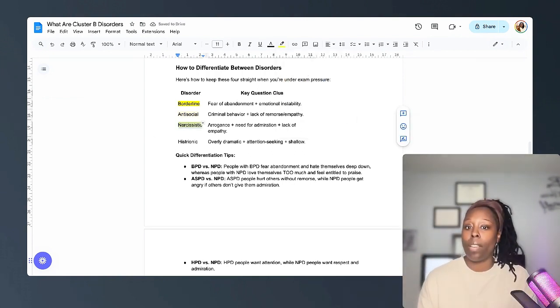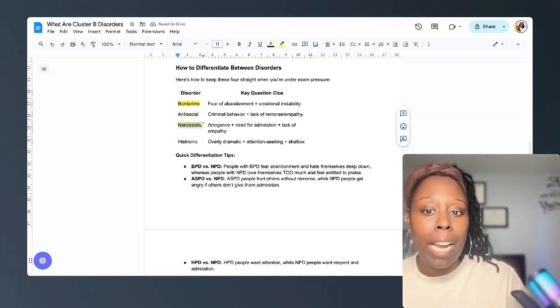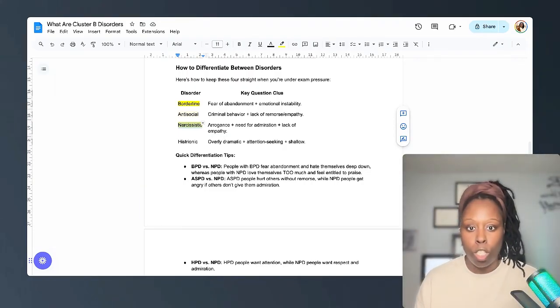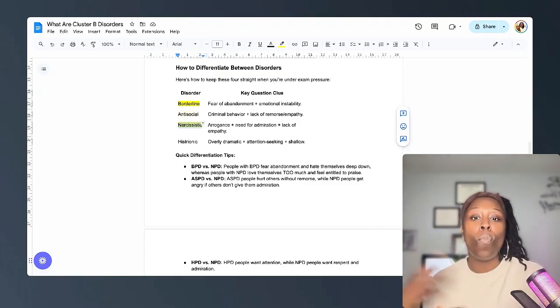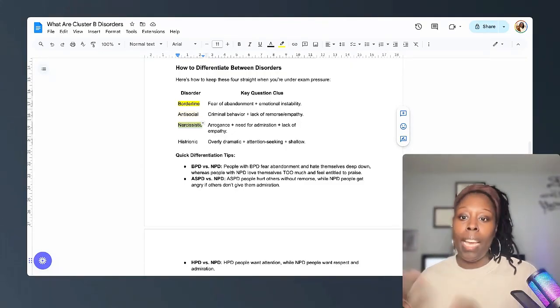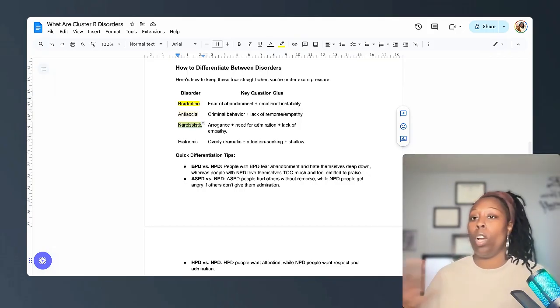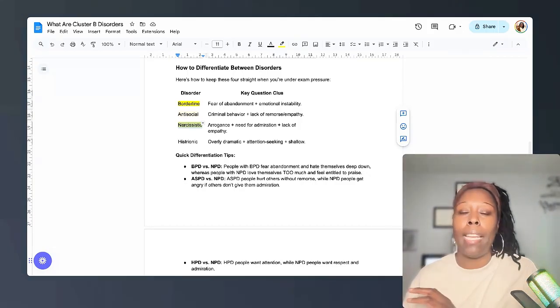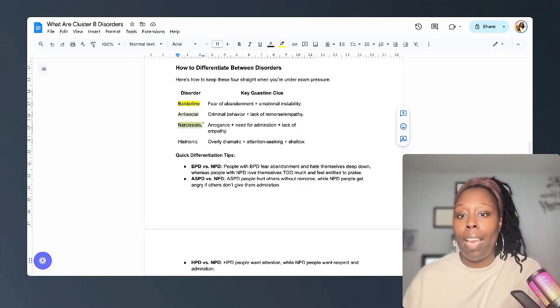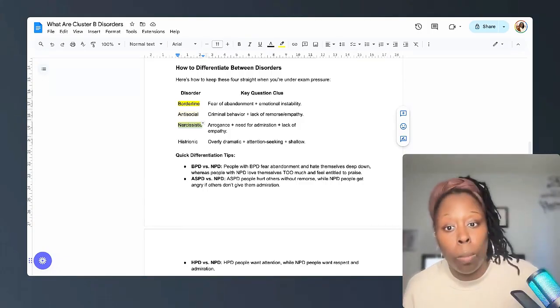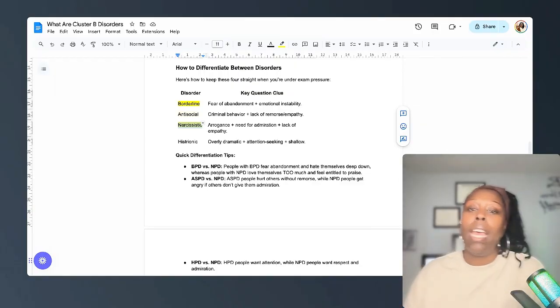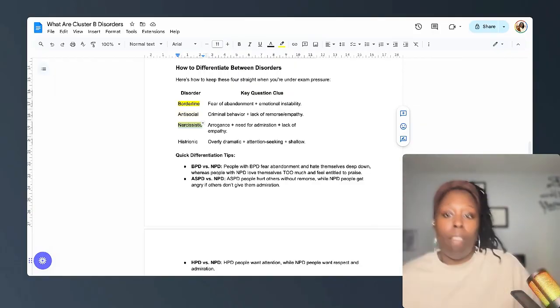They're pretty much arrogant and they need to be admired and they lack empathy. So you see that common denominator between antisocial and narcissistic. They both lack that empathy, but it looks different. Antisocial people lack that empathy, but they're all about doing things that are problematic and not conducive to society, where they have that criminal behavior. The narcissist is just arrogant and they just don't care about nobody else because they want to be admired and looked at and appreciated and valued.